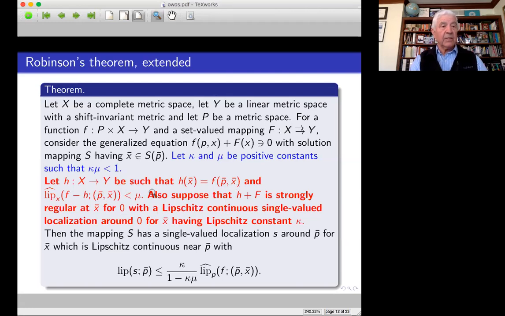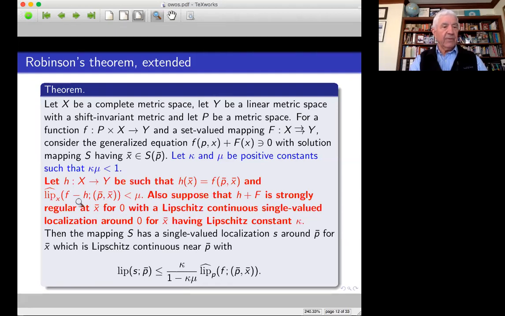But most importantly, the Lipschitz modulus with respect to x, uniformly in p, of the difference between f and h is strictly less than mu. It's clear that h is an approximation of f.